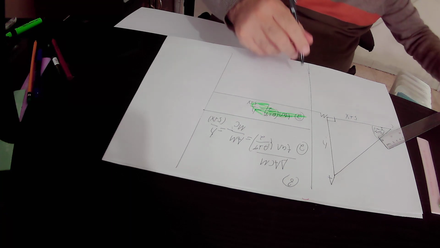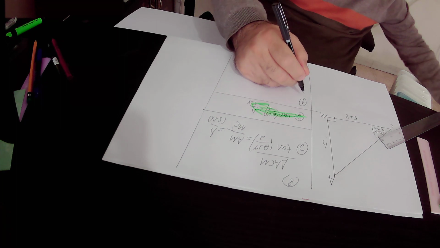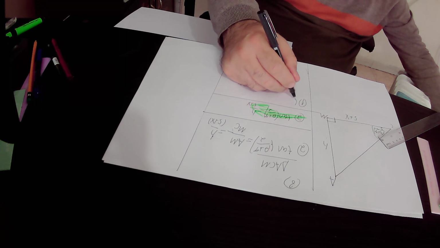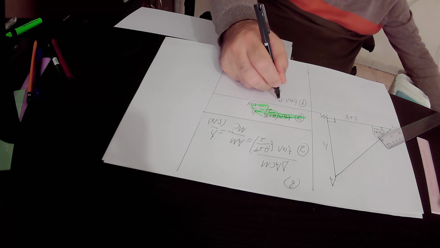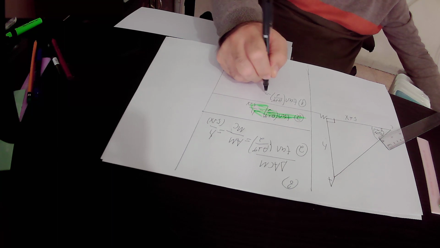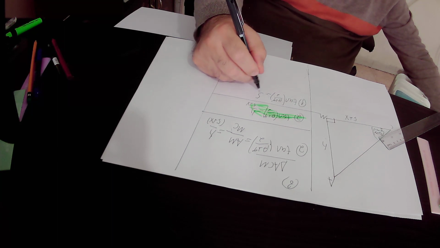But we have already found out that according to equation number 1, tangent of (theta plus alpha) over 2 is equal to 5 over h.